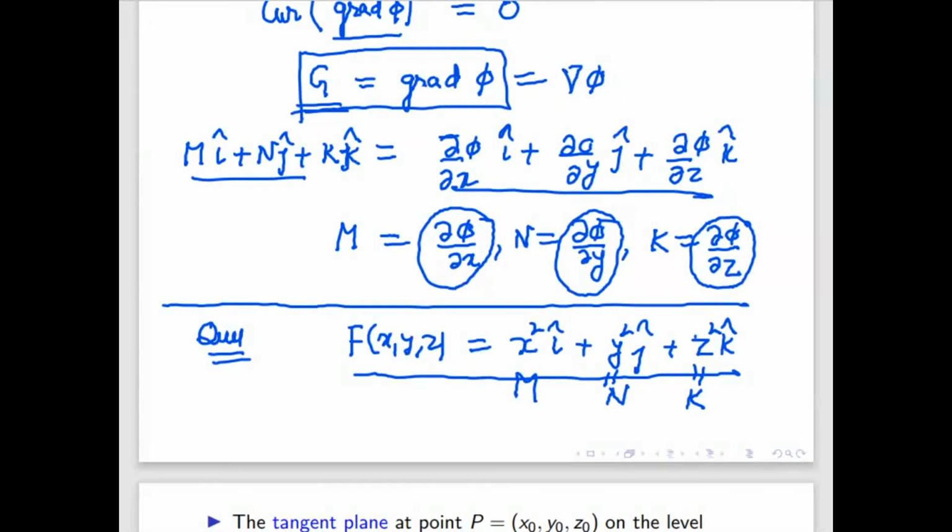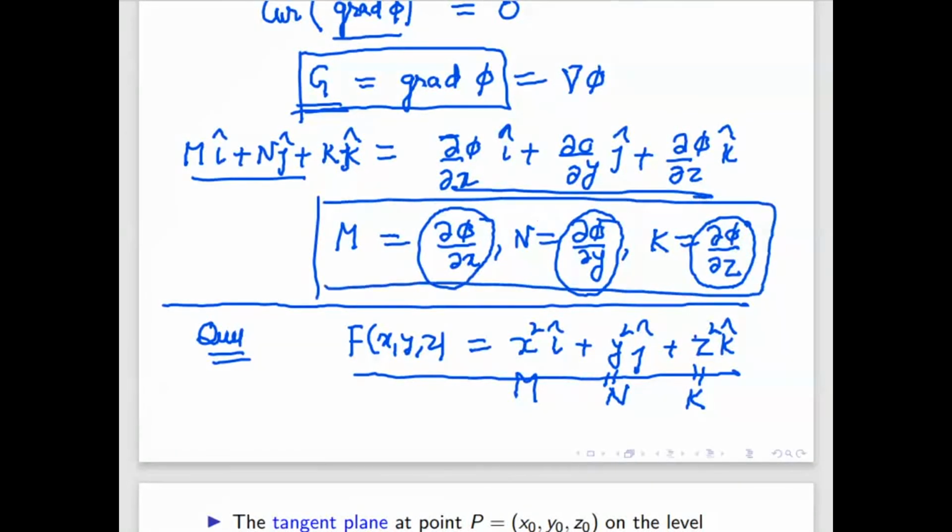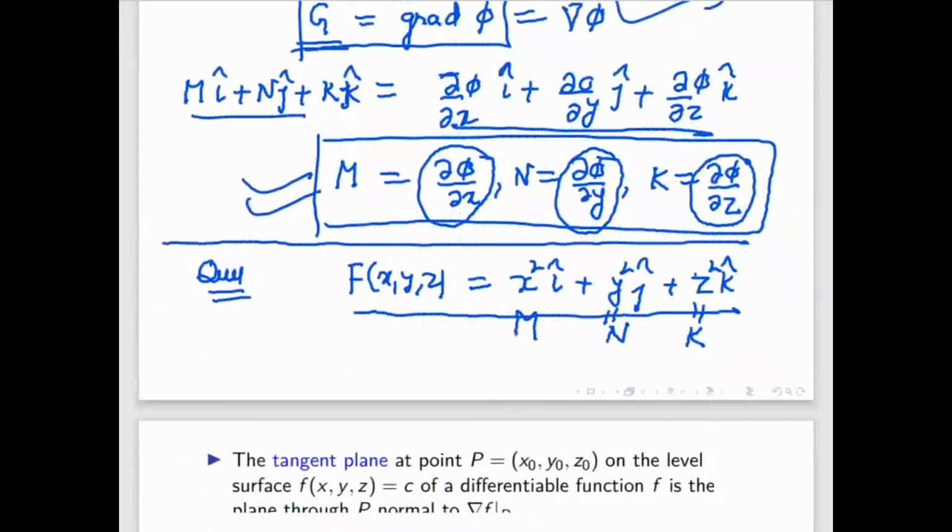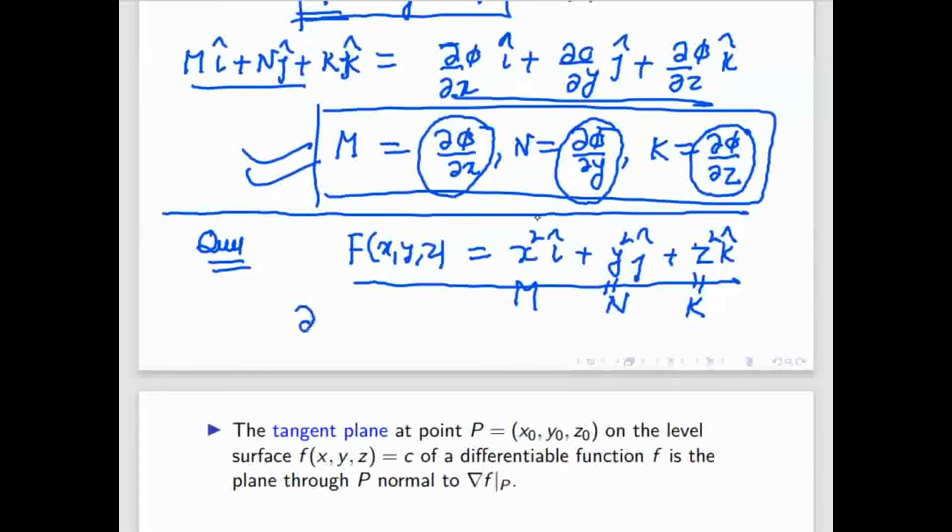But in this, no phi is given. So without phi, how can we check? With the help of this result. If any field is satisfying this relation, that means it will satisfy M equal to del phi by del x, N equal to del phi by del y, and K equal to del phi by del z. From this, we can say that clearly del M by del y, if it is smooth, is it equal to del N by del x?